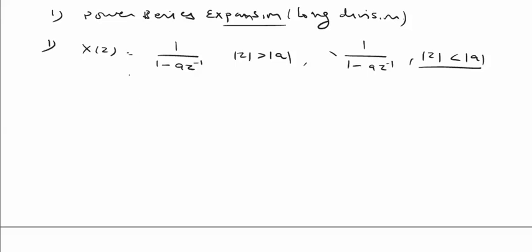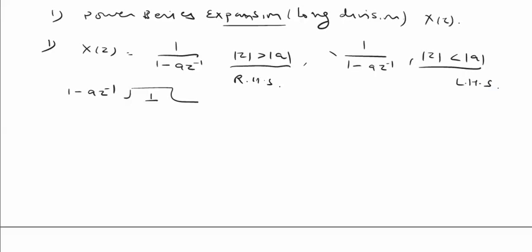To calculate the inverse we want to divide 1 by 1 minus a z inverse. In this case ROC is right hand side, in this case left hand side. For right hand side, as per the Z formula, X(z) equals summation x(n) z to the minus n. For right hand side, negative power of z. For left hand side, positive power of z.